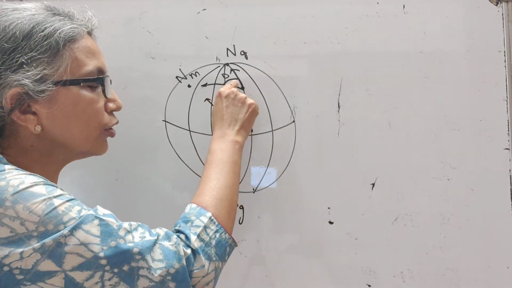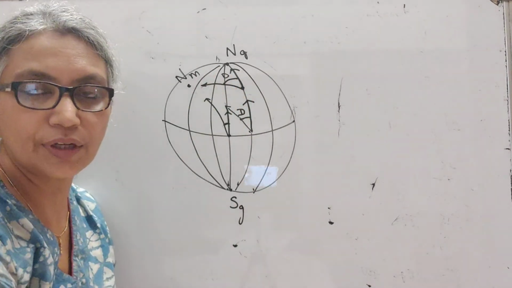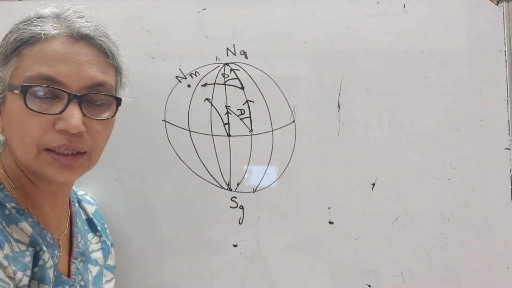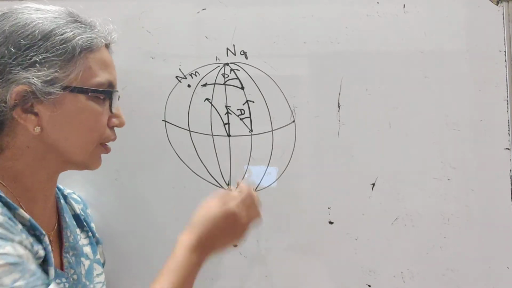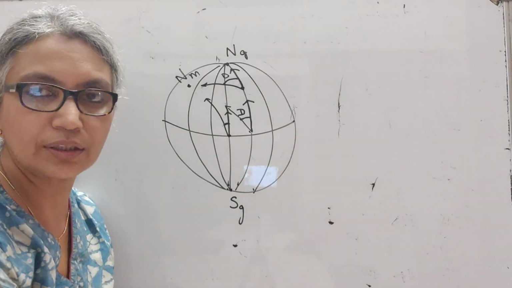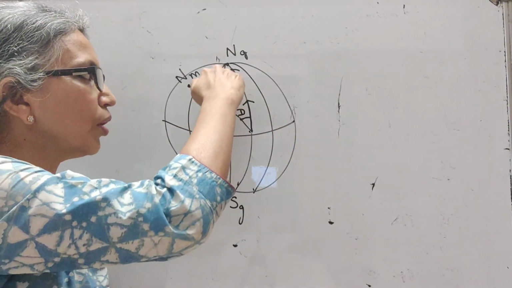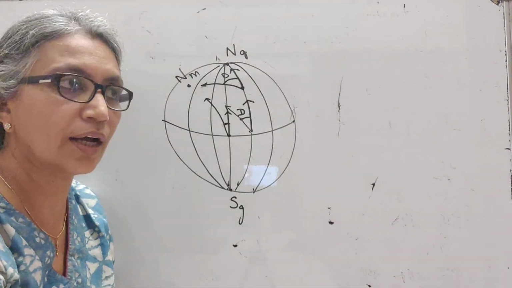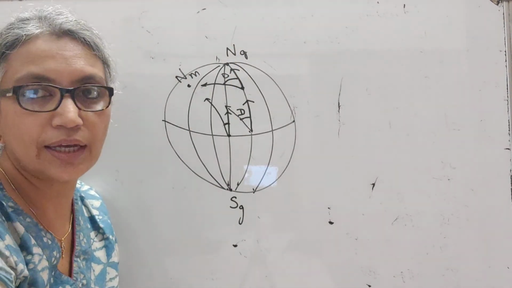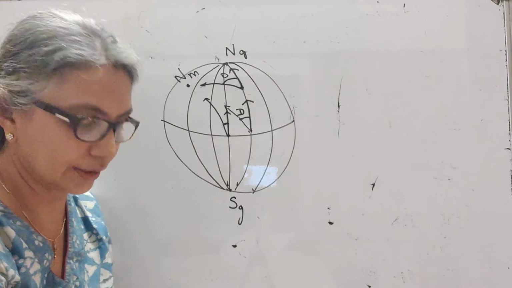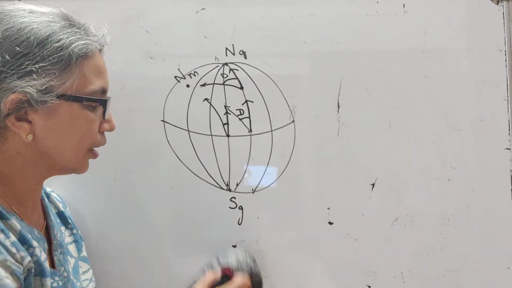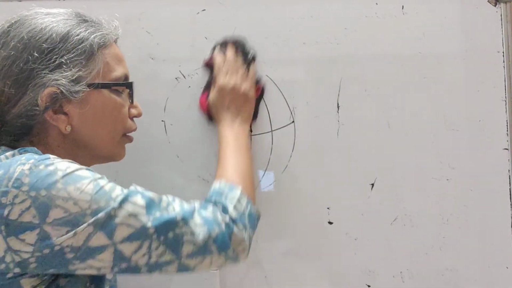As you go to higher altitudes, the angle of declination goes on increasing. So in India, which is a country close to the equator, the angle of declination is small. But as you go towards the poles or higher latitudes, the angle of declination will go on increasing.